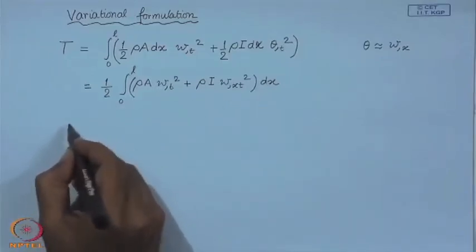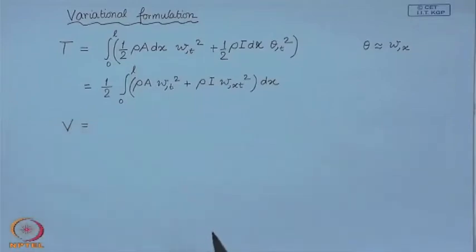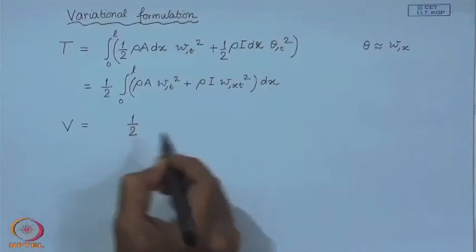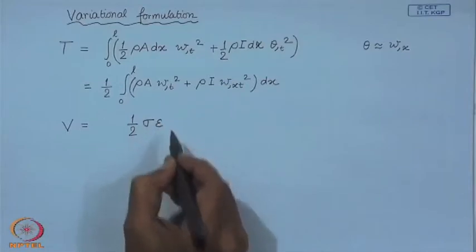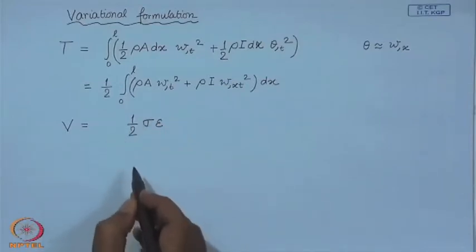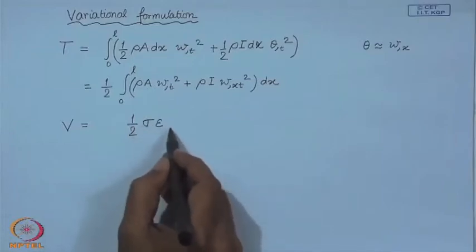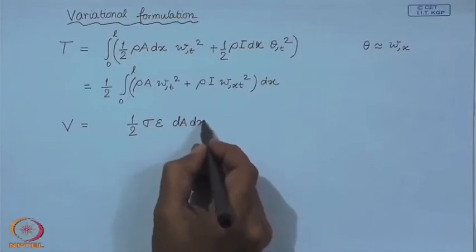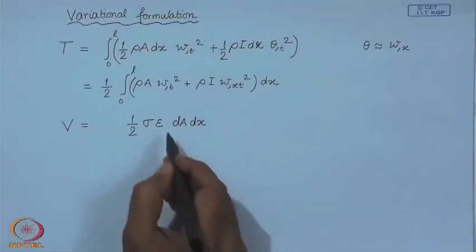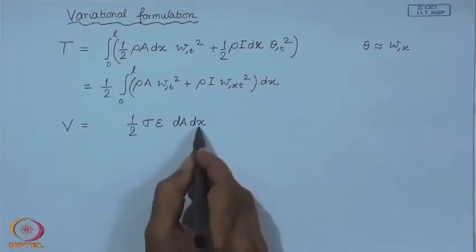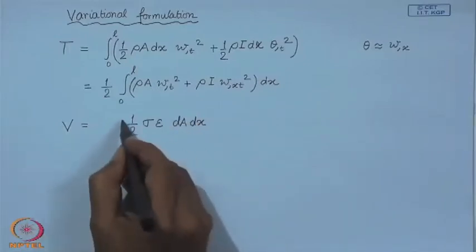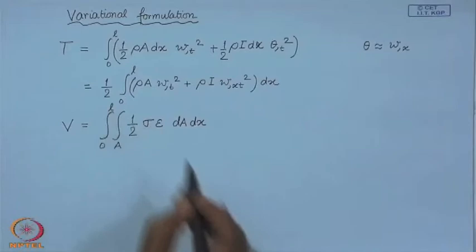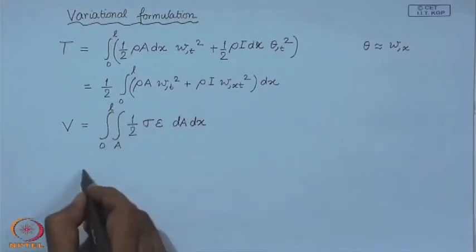Now, the potential energy of the beam, we know that the potential energy per unit volume for a linearly elastic material is given as half the stress times the strain. So, over the volume, dA is the small area of the cross section and dx is the small length of the element. So, if we integrate this over the area and over the length, then we should have the potential energy.